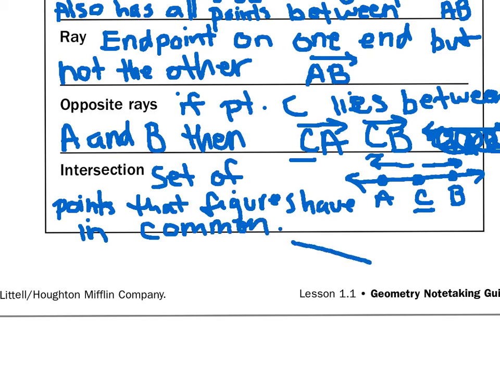So line AB and line CD intersect at point F because they have that point in common. Next page.